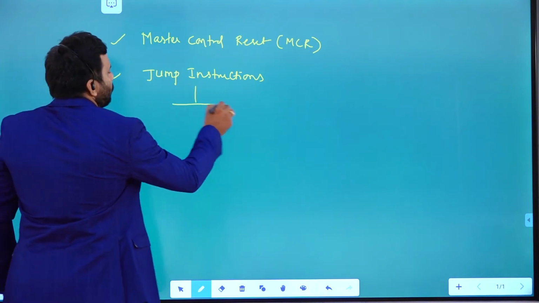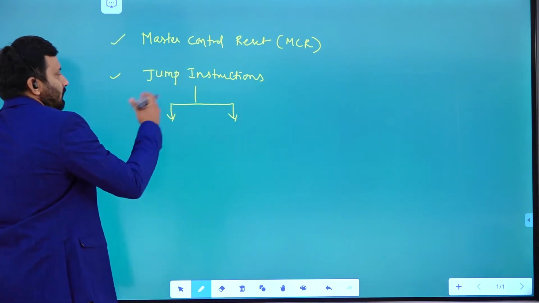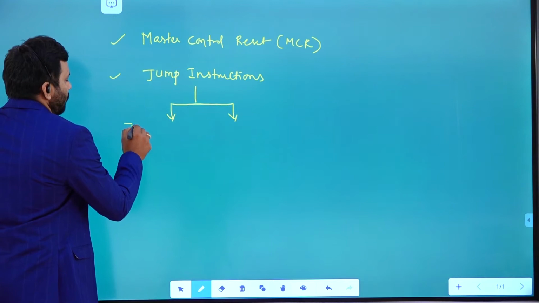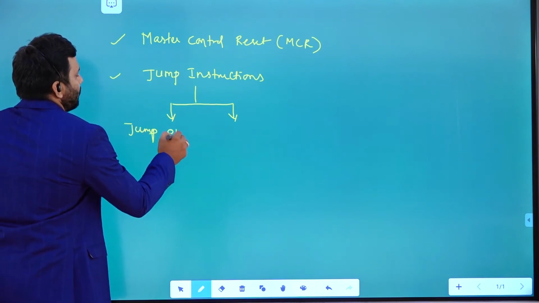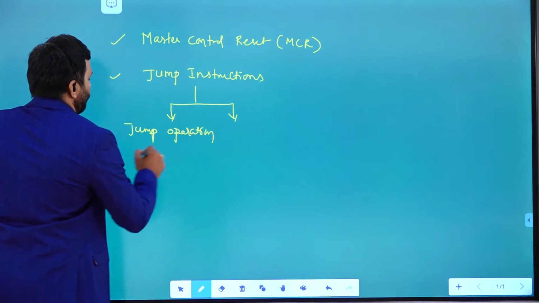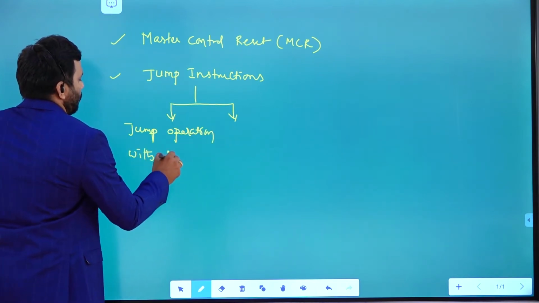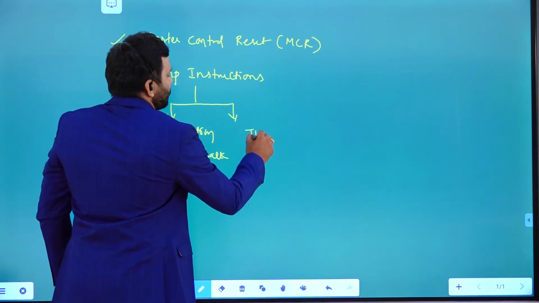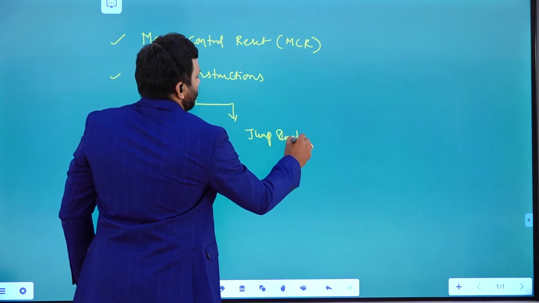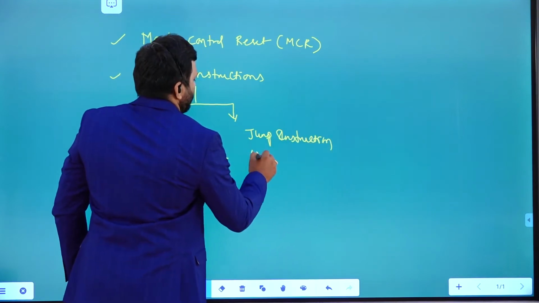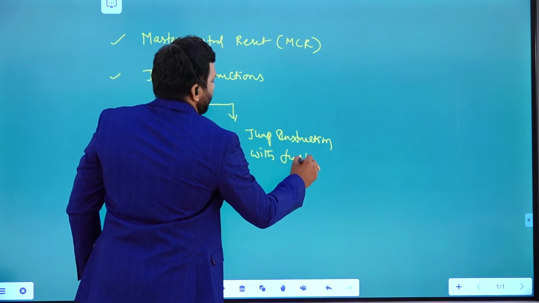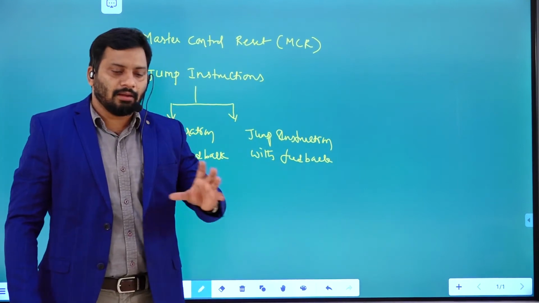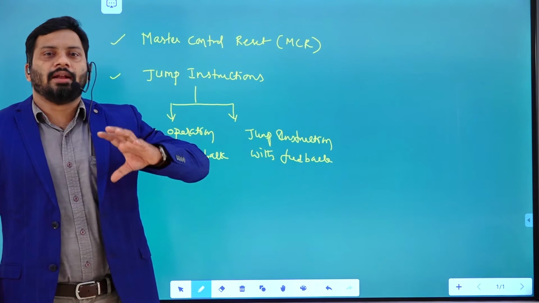The jump instructions are of two types: the jump operation with feedback and without feedback, right? For every instruction we have some labels in this particular ladder logic programming.